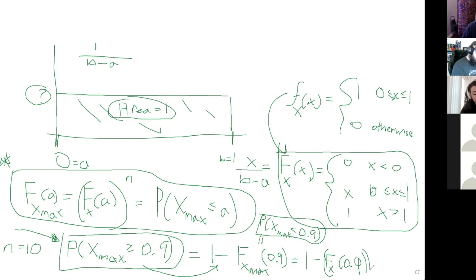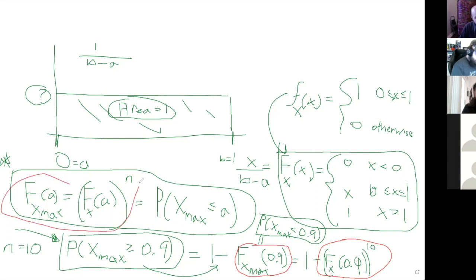And then we raise this all to the power of 10, since that was our sample size. So all of this stuff right here, I'm using for this right here. And we know that formula from the previous problem that we have over here.